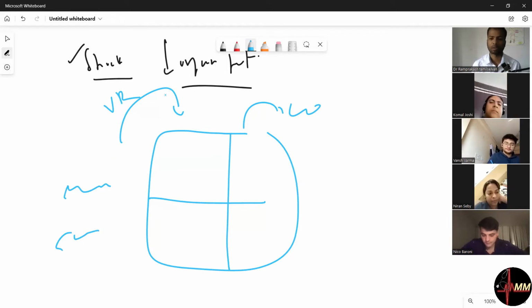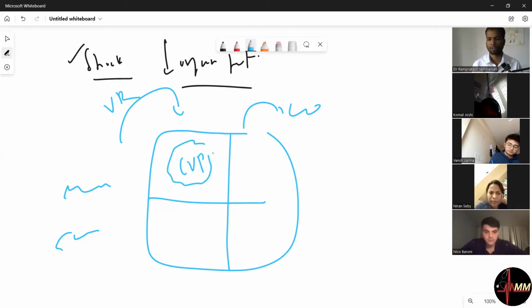You measure the pressure in the veins, for example the inferior vena cava, and call it central venous pressure. Central venous pressure is an indirect way of measuring right atrial pressure.